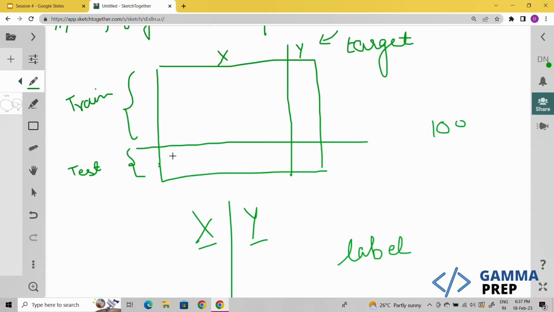Training data would be a major chunk and testing would be the minor chunk. So basically out of 100 records, we can have 70% data going to training and 30% data going to testing. So 70% is training and 30% is testing. And this process of splitting the data into training and testing is called the holdout method.